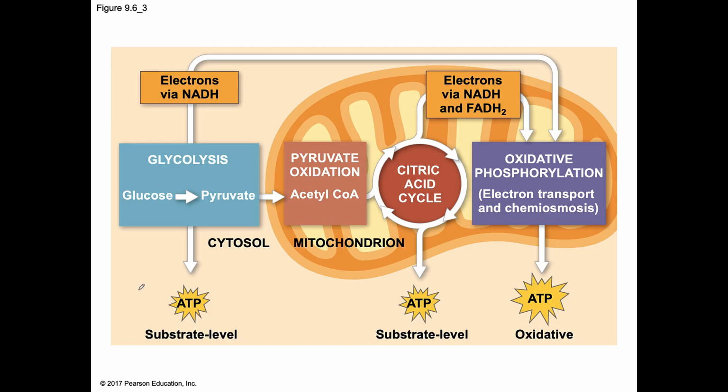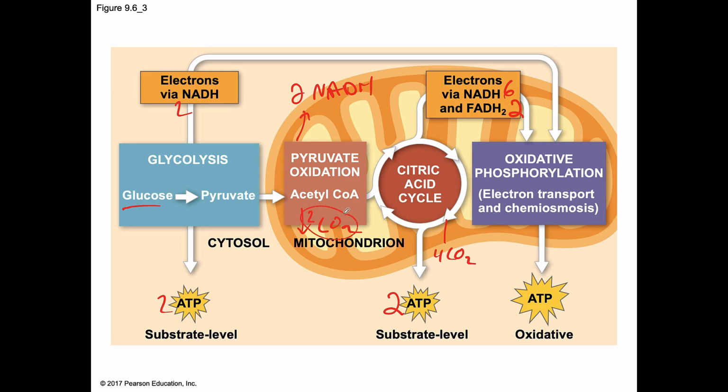So here's our kind of overall image. So glycolysis happened out in the cytoplasm. We turned glucose into pyruvate. We made 2 ATPs and 2 NADHs. The pyruvate oxidation is going to produce 2 NADH per glucose and 2 carbon dioxides. The acetyl-CoA then enters the citric acid cycle, where we made a total of 6 NADHs and 2 FADH2, and a total of 2 ATPs, and we released 4 carbon dioxides total for the glucose.